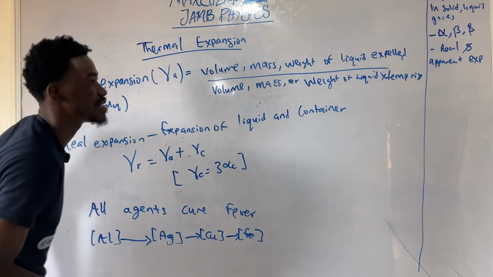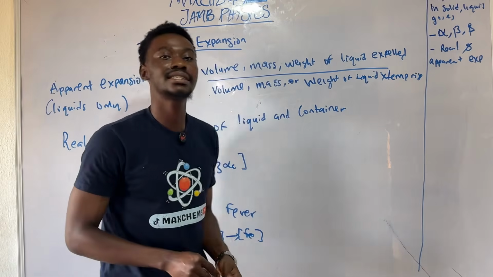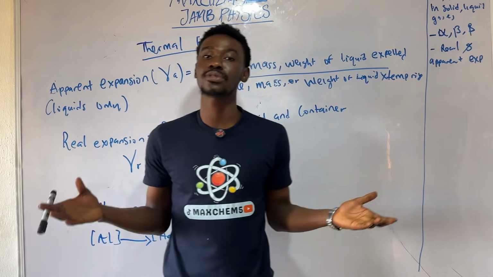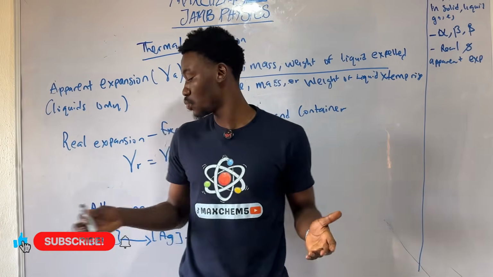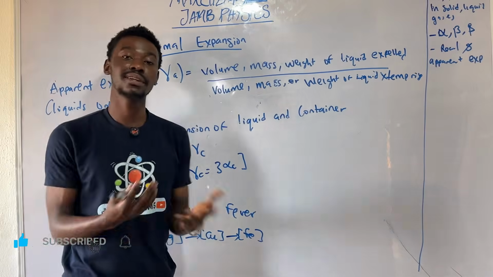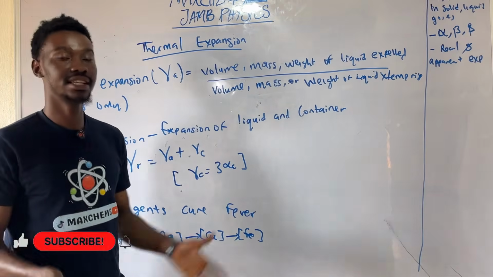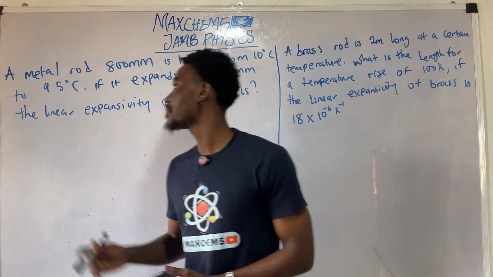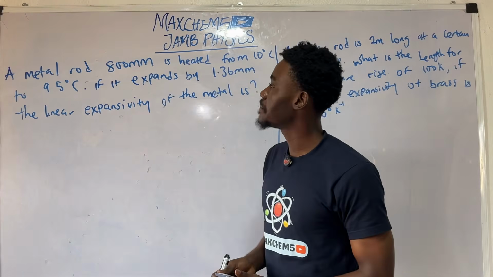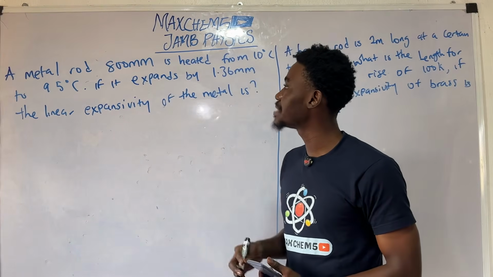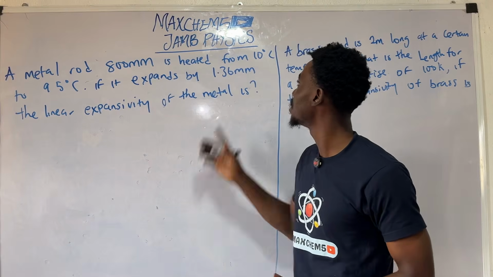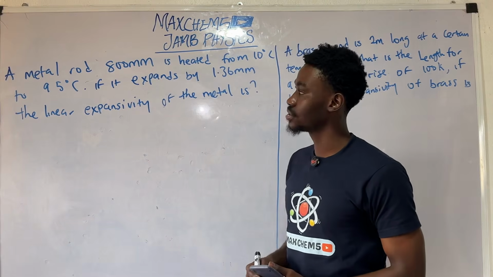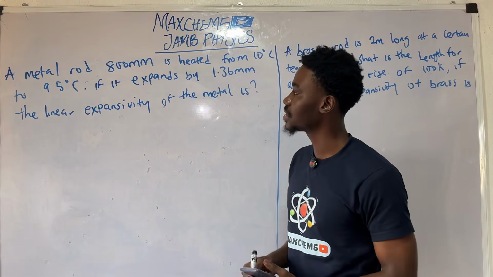The reason why this is important is in some cases in Jamb, they can give you different types of metals and ask which metal has more expansivity in the list. So I have a question here that says a metal rod 800 millimeter is heated from 10 degrees Celsius to 95 degrees Celsius.